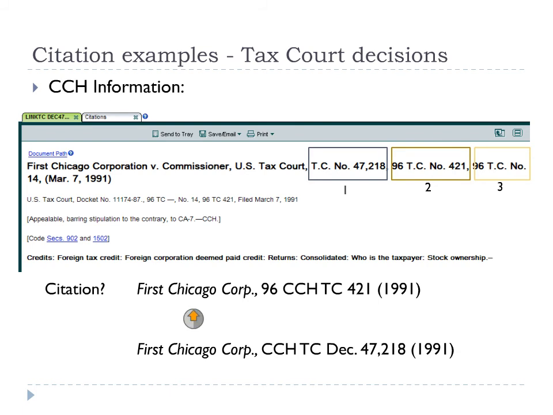How did you do? The taxpayer's name has not changed, and the IRS is not referenced in the citation. Again, it's understood that the IRS is the second party to the case because the case is being heard in tax court. Like RIA, CCH uses the name TC for its reporter for regular tax court decisions.